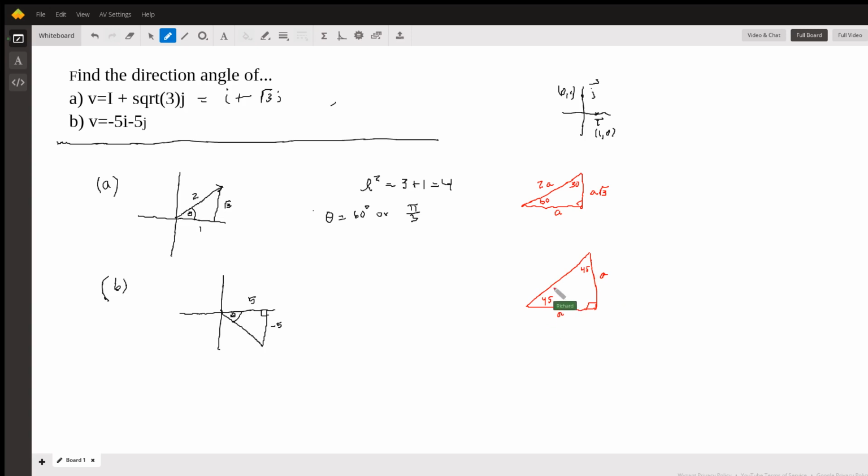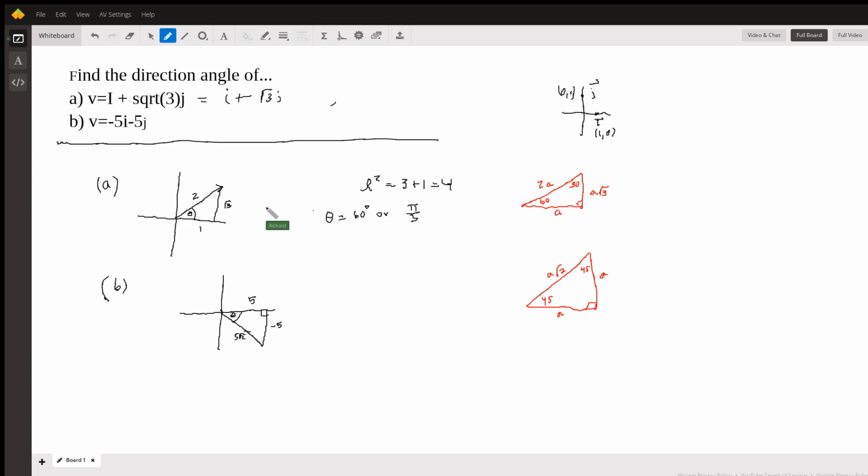That's A, A root 2. So we can see that A is just 5 here. And I'll just change color so I could put this as, if I wanted the hypotenuse, it's 5 root 2.